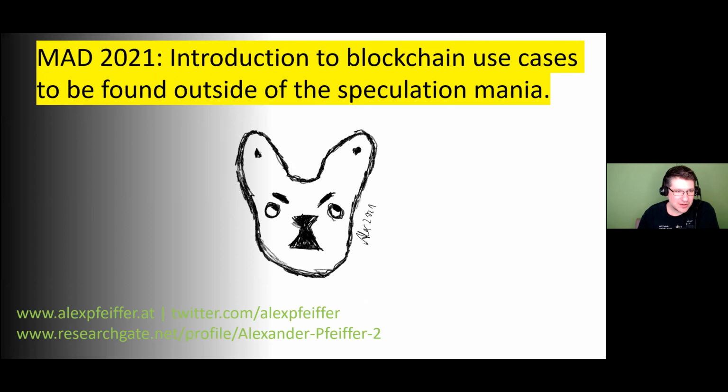My talk is about the introduction to blockchain use cases to be found outside of the speculation mania. Because when we read about blockchain use cases in the newspapers and magazines, it's almost always about cryptocurrencies like Bitcoin or alternative coins like Ethereum or others going up and down and up and down. And then we learn a lot about fraudulent use cases around the topic of blockchain.